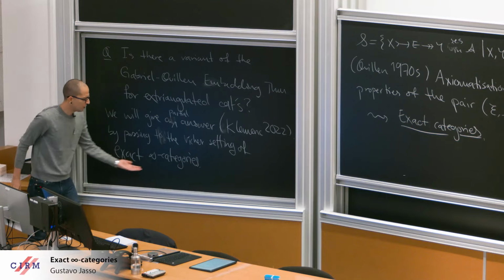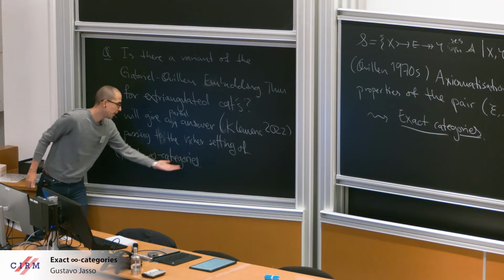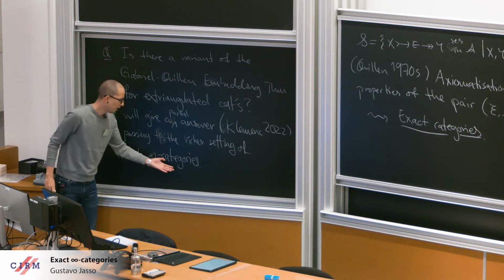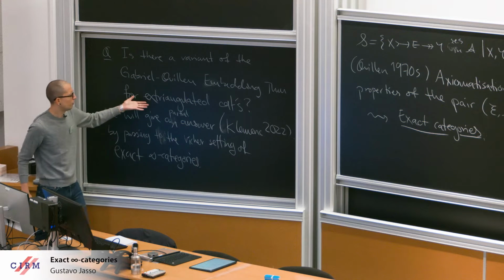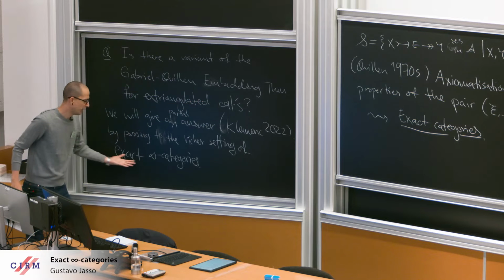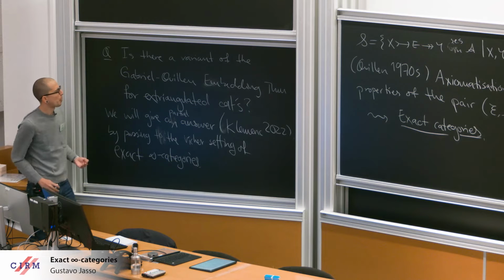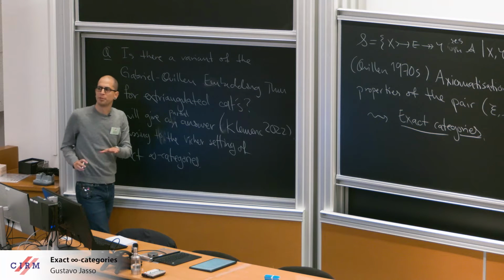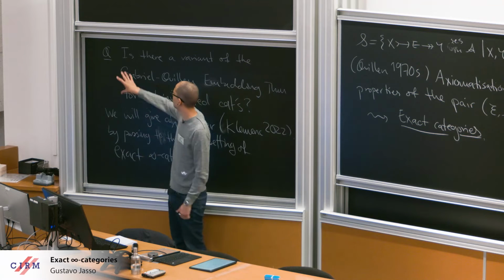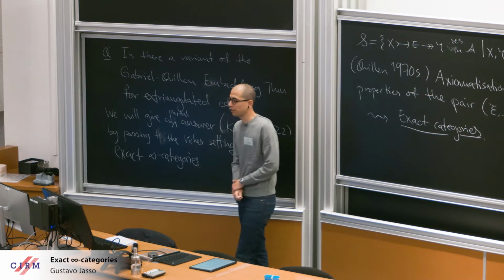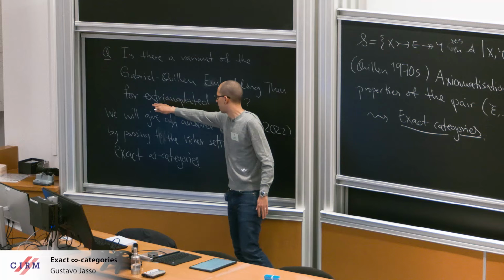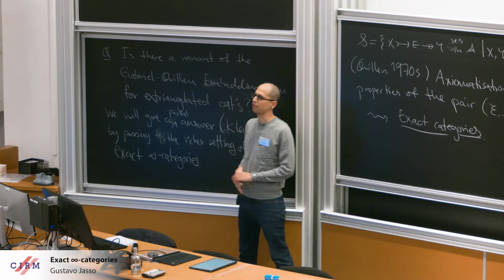So in this setting, we will give a full answer of exact infinity categories, but this answer is partial because it does not cover the case of X-triangulated categories that are not related to exact infinity categories. So in fact, I do not know, maybe the experts can correct me, but I don't think there is a general version of the Gabriel-Quillen embedding theorem for an arbitrary abstract X-triangulated category.